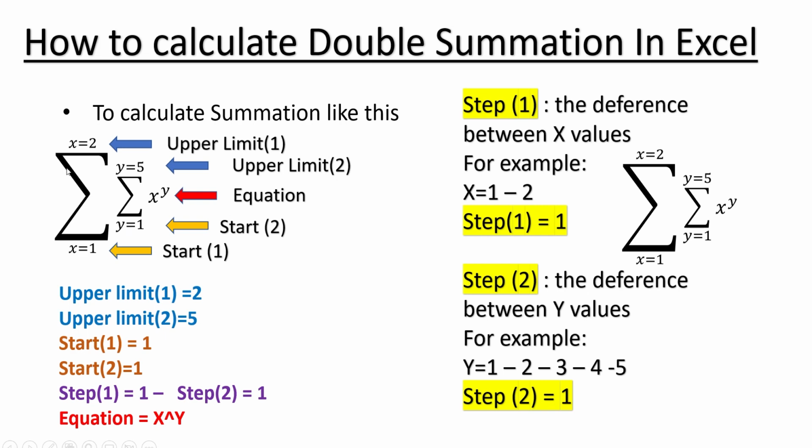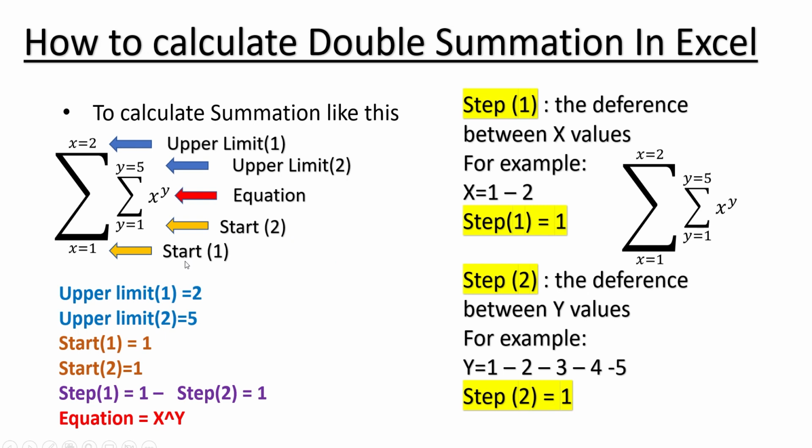The step for the second summation, we call it step 2, which is the difference between the y values. For example, y will take values from 1 to 5: 1, 2, 3, 4, 5. So the difference between these values is 1. So the step for the second summation is 1.